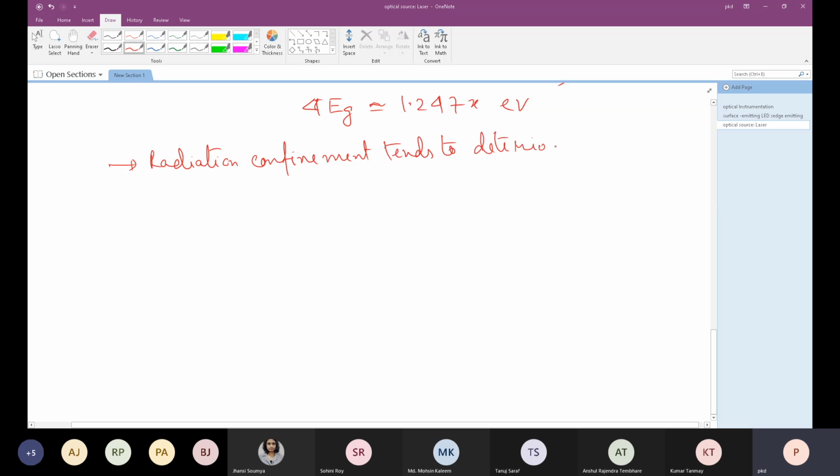These tend to deteriorate beyond a certain thickness of the active layer.